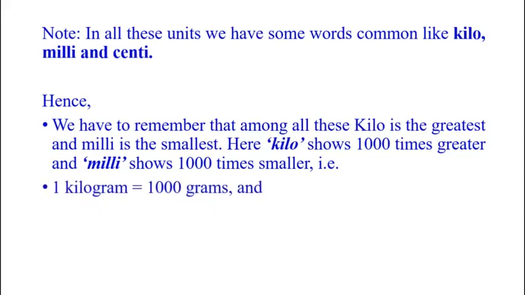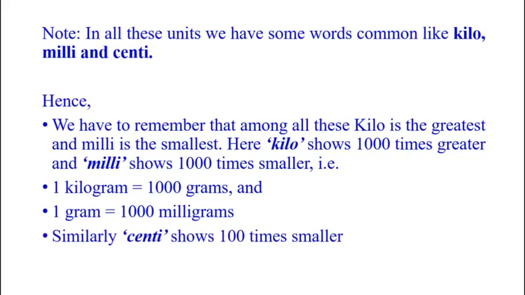That is 1 kilogram is equal to 1000 grams and 1 gram is equal to 1000 milligrams. Similarly, centi shows 100 times smaller. 1 meter is equal to 100 centimeters.